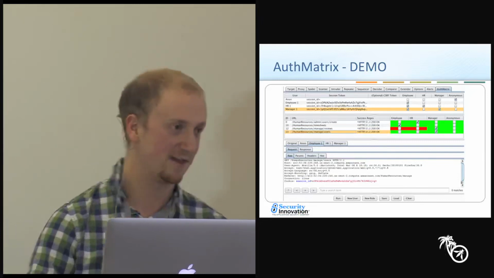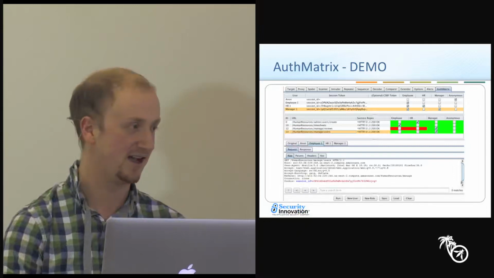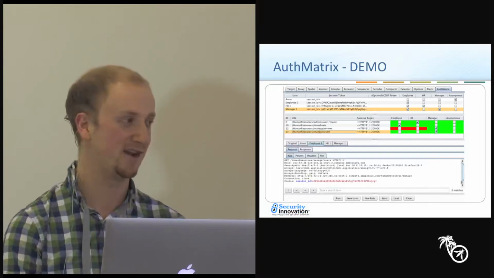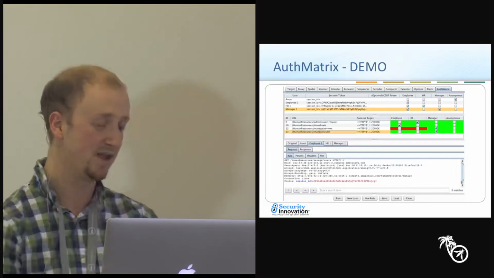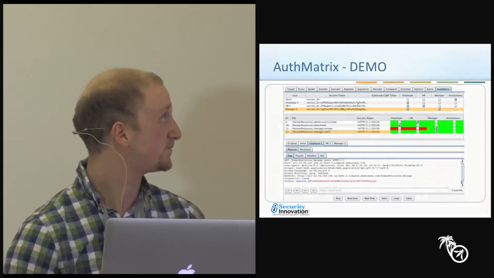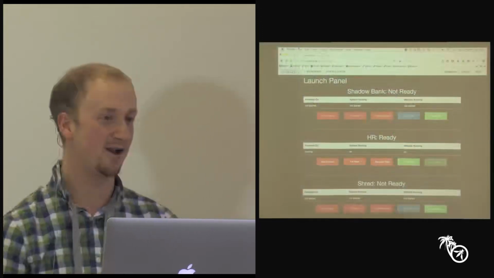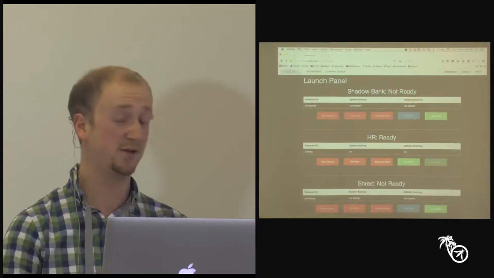For the live demo, we have a sample application that is going to be our target, and we're going to set up AuthMatrix to have a configuration that tests the auth cases of this application. The target that we chose is actually the hackathon that my company, Security Innovation, builds, and it's super nice.